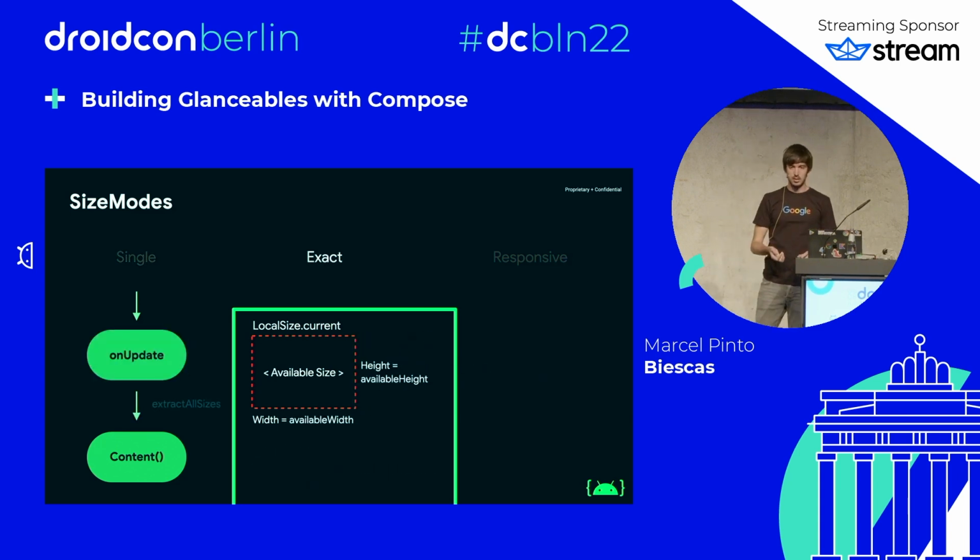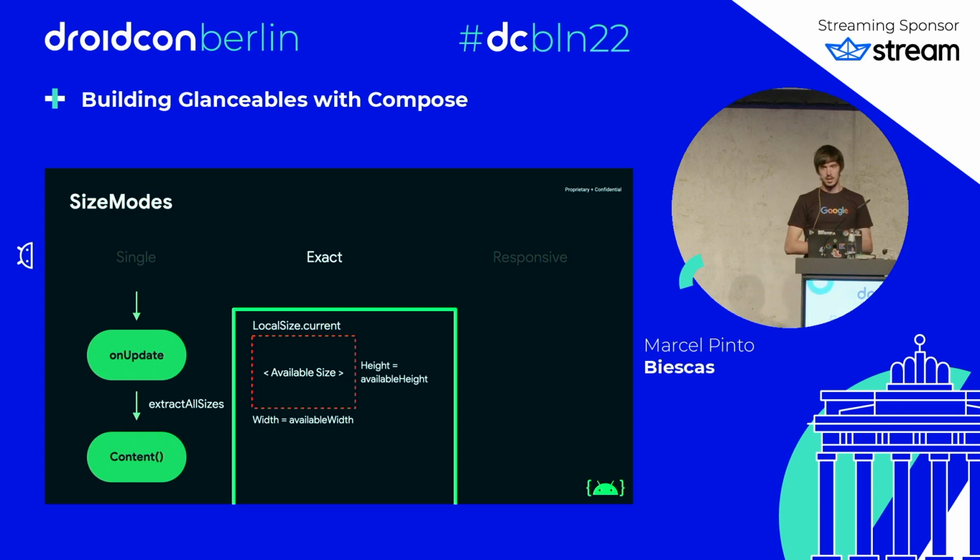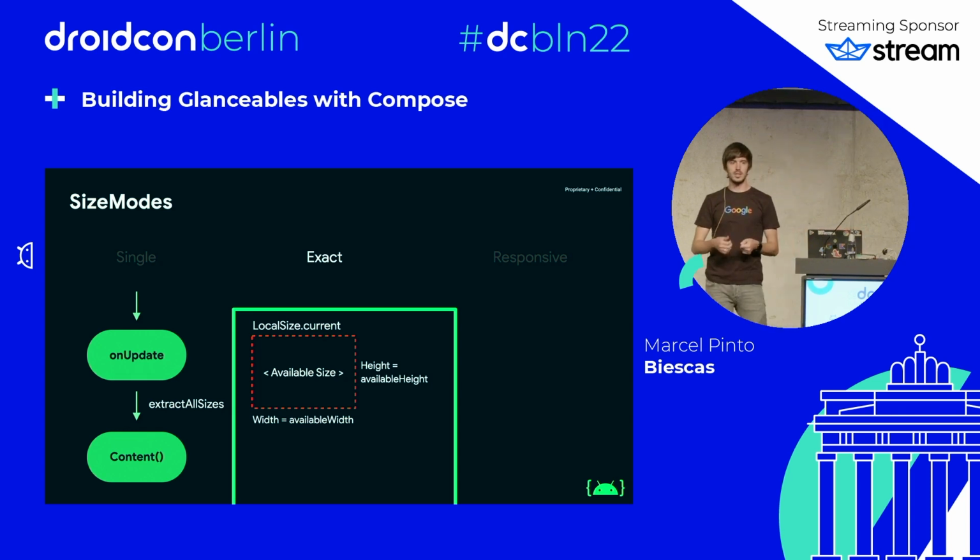If you actually need to work depending on the available size, this is where you can use the size mode exact. With this size mode exact, whenever the onUpdate method is called, it will extract all possible sizes your widget can be displayed in. That means portrait, landscape, or for example, for foldables might be different modes, because depending on the mode of the foldable, the home screen might look different.